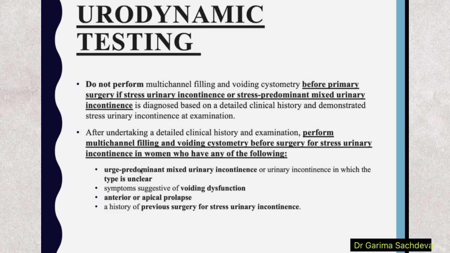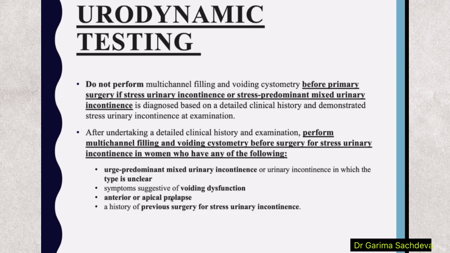So there are only 4 indications for doing urodynamic testing. You have to learn this by heart because there are questions which have been asked. If it is urge predominant, or the type of incontinence is not clear. If the symptoms are suggestive of voiding dysfunction. If there is associated prolapse also, because then you will be planning for surgery, so you have to be very sure what kind of incontinence it is.